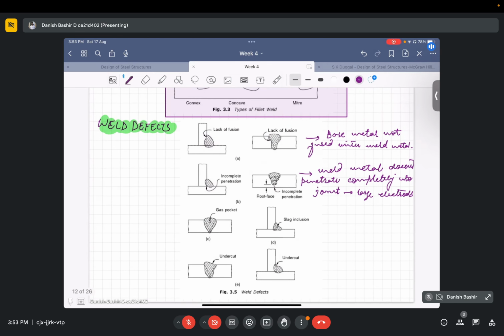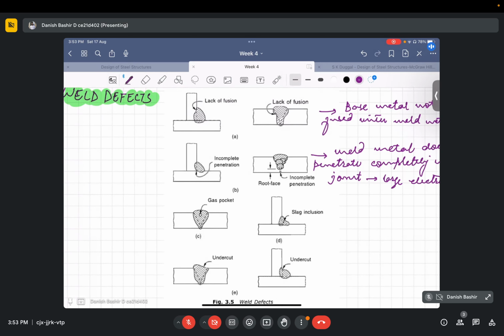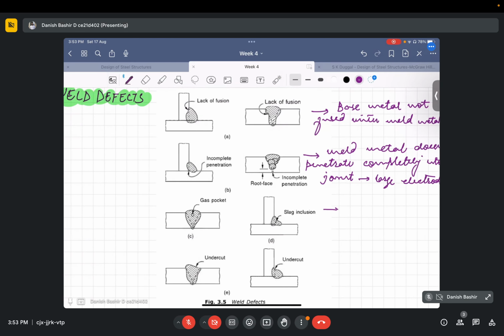Then there is one more, gas pocket. We also call it porosity. It occurs due to voids, gas pockets trapped in the weld while cooling. It can happen in butt weld as well as fillet weld. What happens is that gas pockets are created.